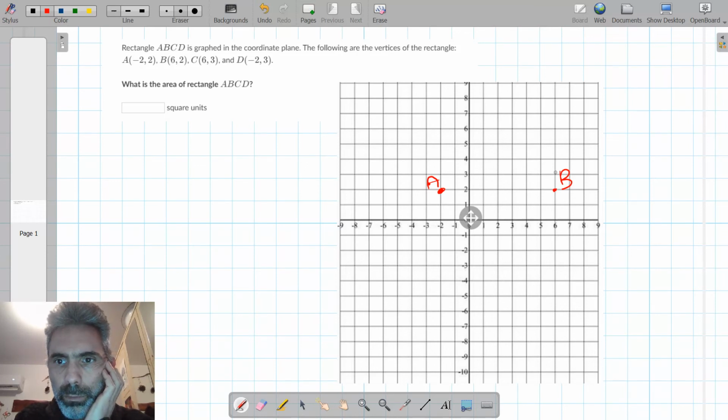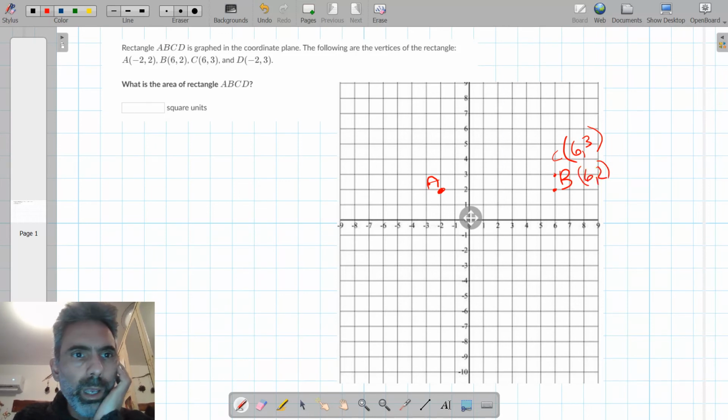So this is point C. B is at 6 and 2, A is at -2 and 2. And D is -2 and 3. This is point D.